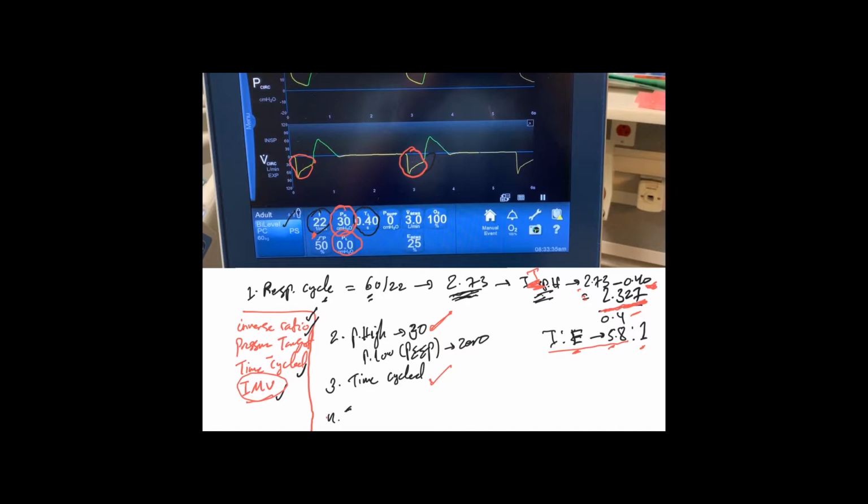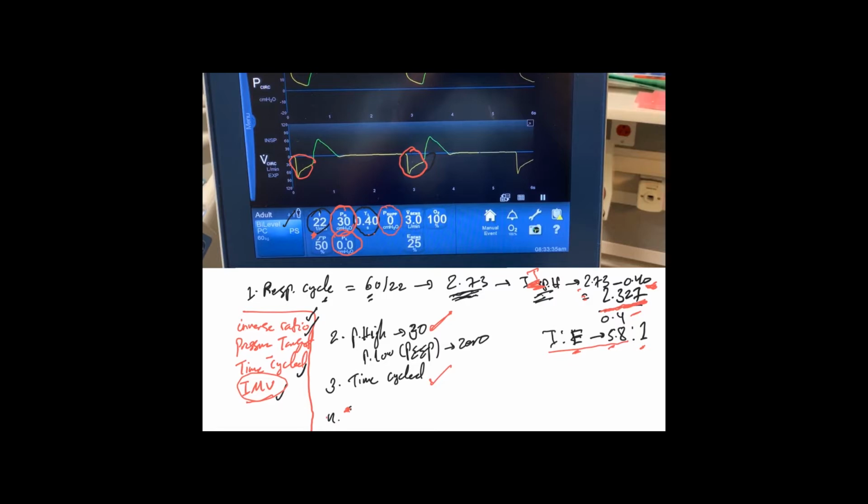These are the breaths that are fully supported by the ventilator by this pressure, with this T high, which is inspiratory time, and T low, which is expiratory time, pressure high and pressure low. Any extra breath on top of 22 will not be supported or will be partially supported. And here you see the pressure support.